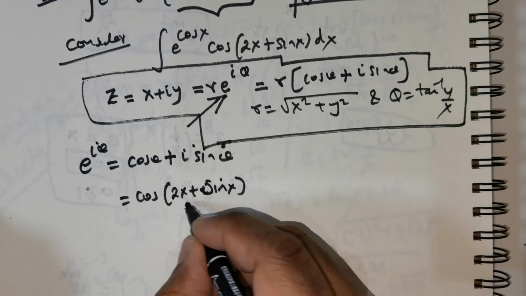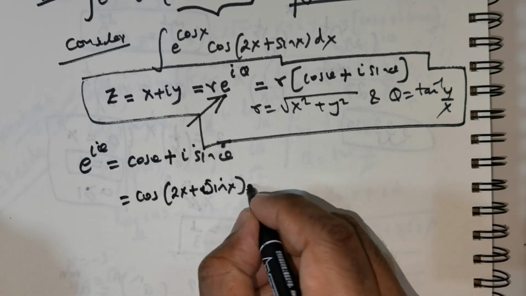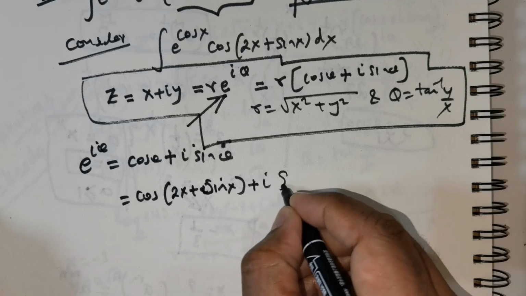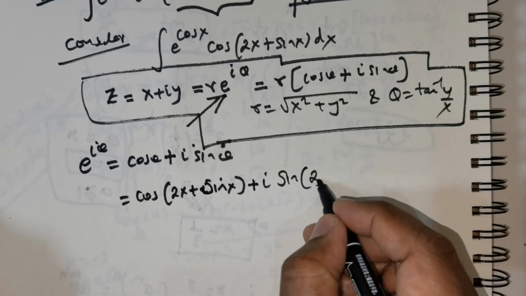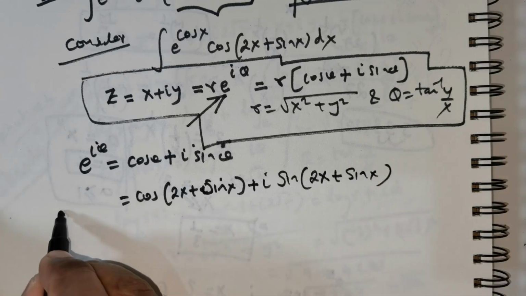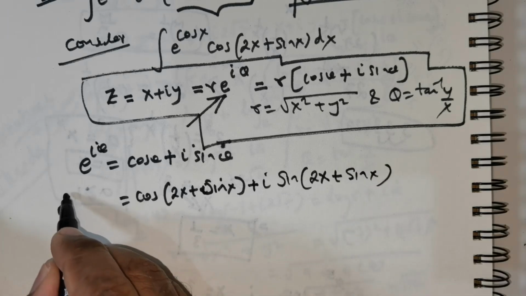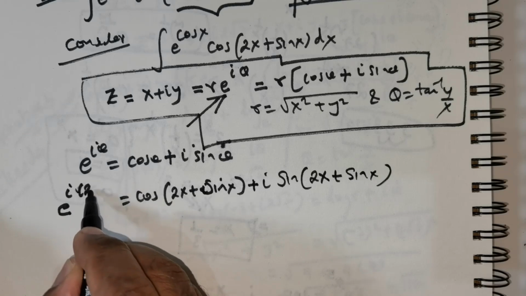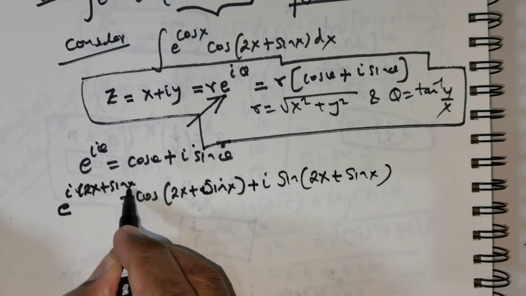So we got cos of 2x + sin x + i times, in place of theta I'm going to substitute 2x + sin x. Now on the left hand side this is nothing but e raised to the power of, in place of theta, 2x + sin x.